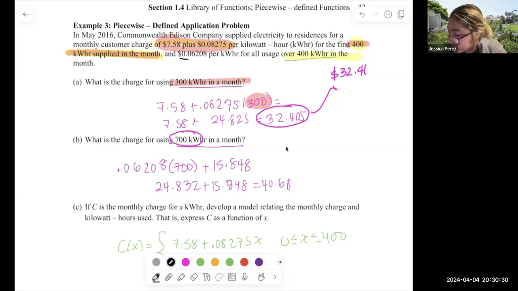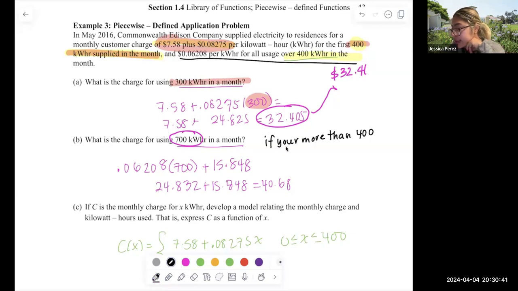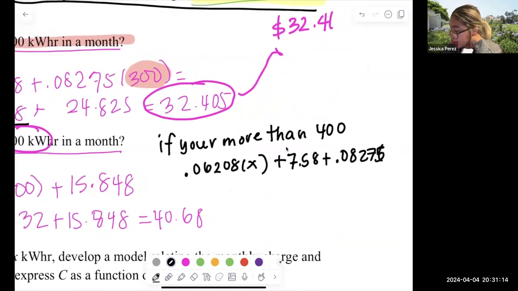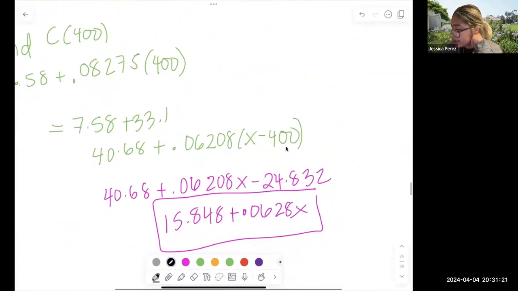So if you're more than 400, like in this case, you will use the equation 0.06208 times the kilowatts X, and then plus the value of this 7.58 plus this 0.08275, and then you still have to do this X minus 400.